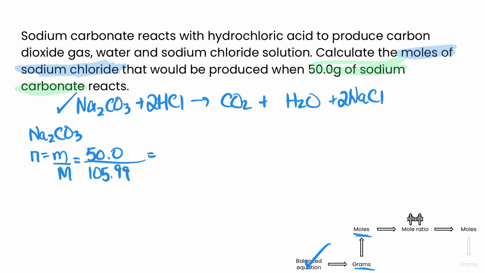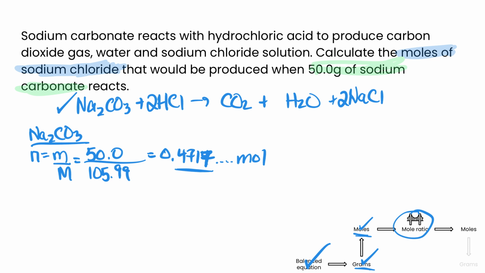So doing the math then, that gives us 0.4717. Whoops, that should be a 7, not a 4. Moles of sodium carbonate. You want to keep this number in your calculator, or you want to keep at least 4 non-zero decimal places to avoid rounding errors. Okay, so we've done this step.